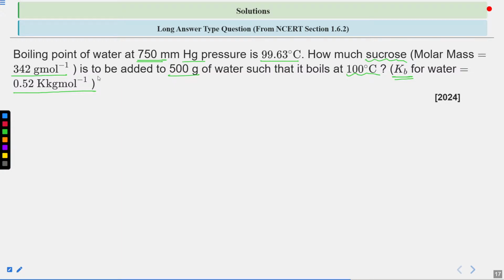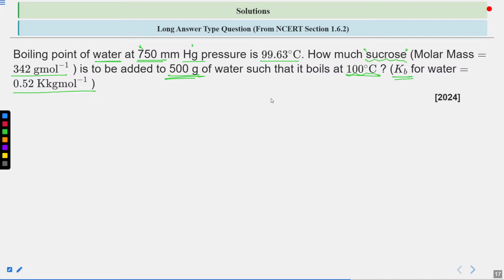What you have to determine is how much sucrose, a sugar, is needed to add to this amount of water such that the solution will start boiling at 100 degrees Celsius, and the boiling point of water at this pressure is given as 99.63 degrees Celsius.